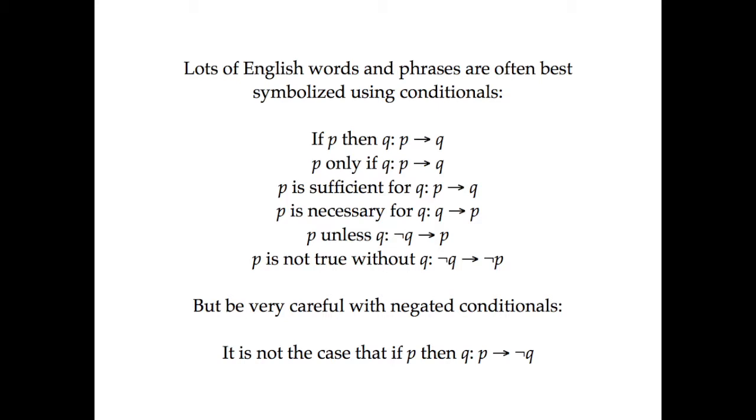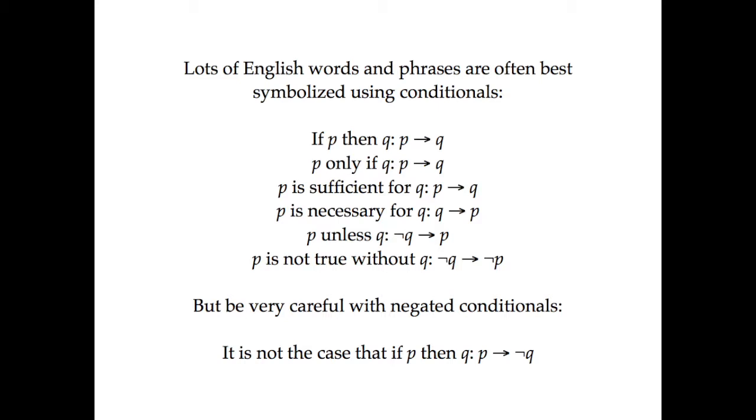All right. If someone says P is sufficient for Q, again, that's very often best symbolized as P arrow Q. But if someone says P is necessary for Q, that's usually best symbolized as Q arrow P.